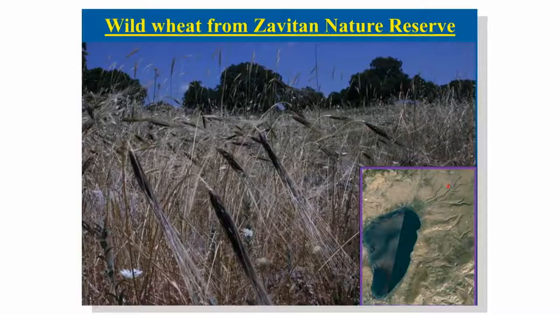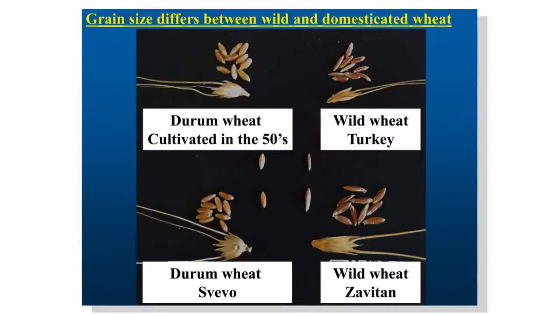I think it's cool that we can collect it and have the genome. So this is what we hope for. I'm focusing on yield, and grain size is one of the yield components. And you can see here in domesticated wheat, the variation in grain size is not that great.